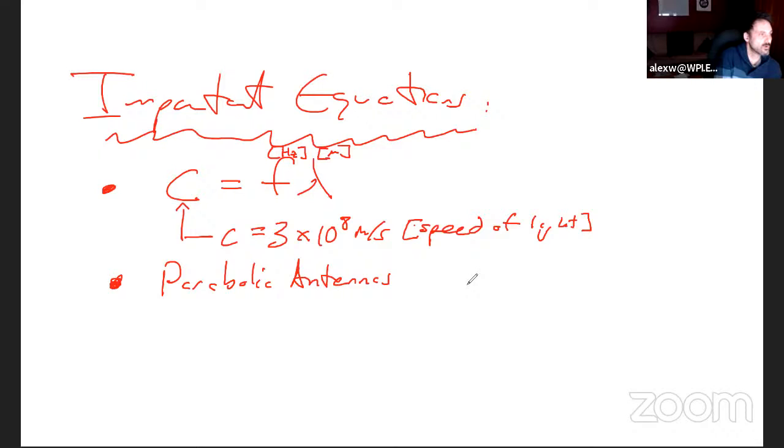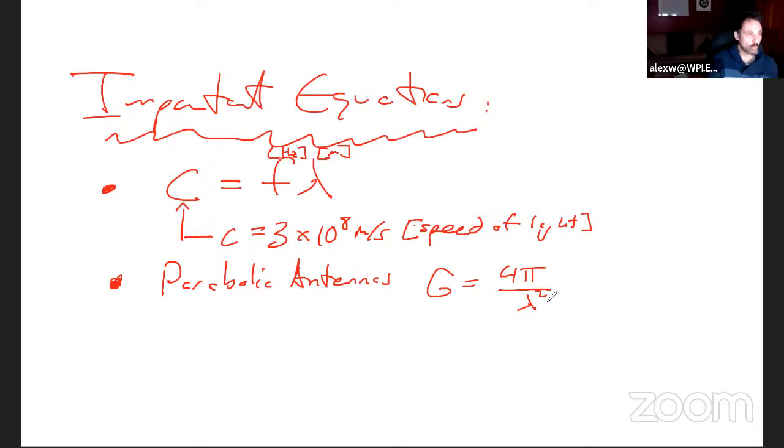Sorry folks. Oh, okay, yeah, it's equal to this. Parabolic antennas have this gain, okay? This is in linear domain, so heads up. That is equal to 4 pi over lambda squared. Okay, so far so good.